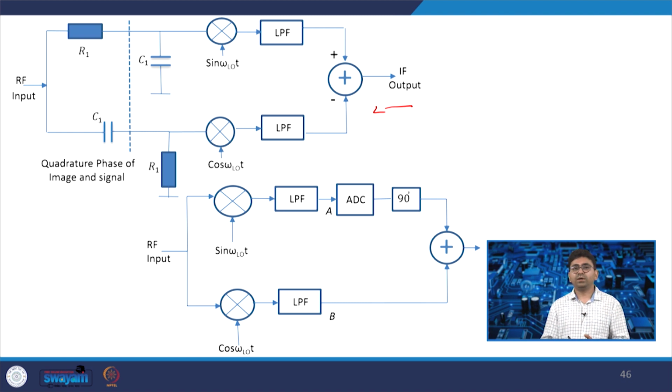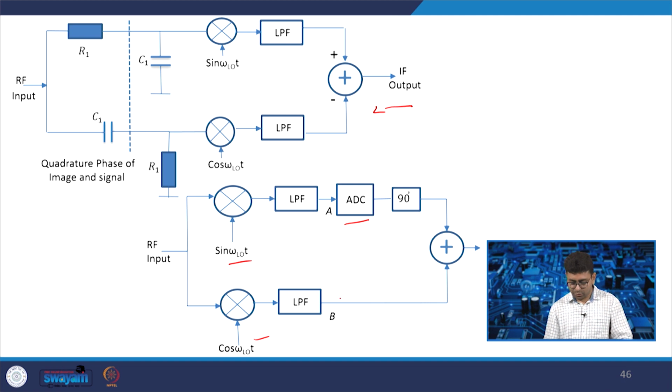If you do not want to implement an RC filter, you directly convert the sine and cosine signals in the ADC to digital, and then in the digital domain you add the 90-degree phase shift and then add.